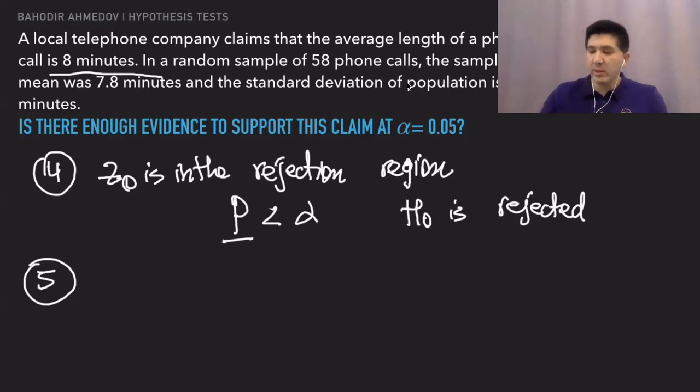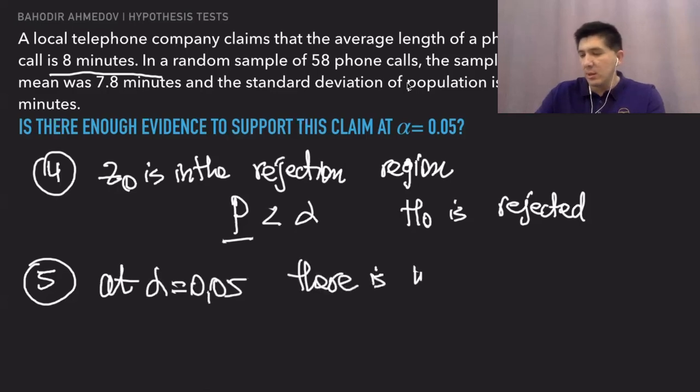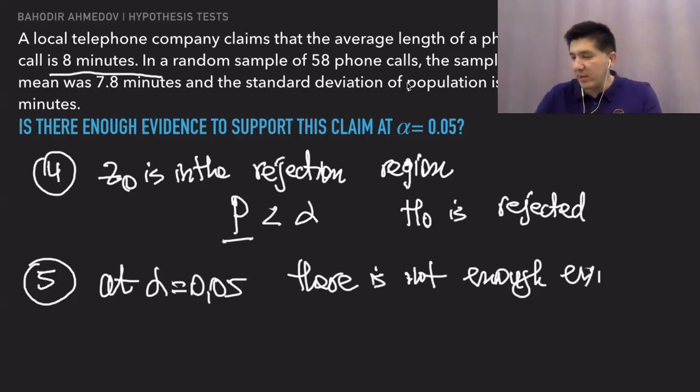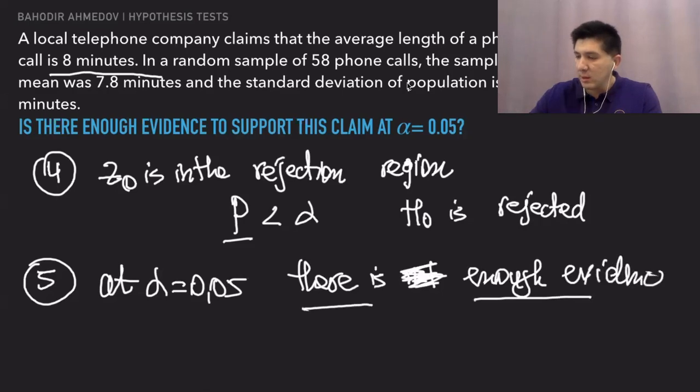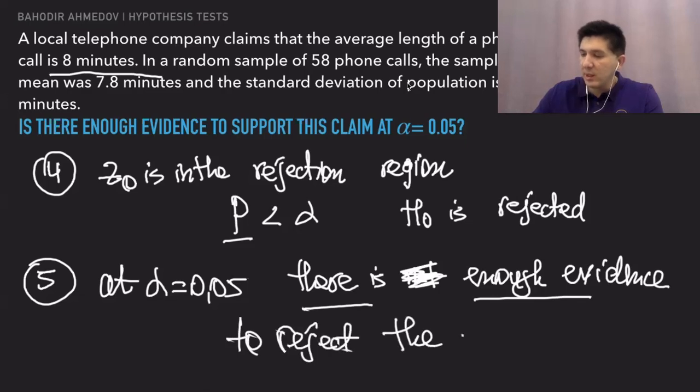So that is why we have to write this: at the level of significance 5%, there is enough evidence to reject the claim, because we are going to reject this claim. Good.